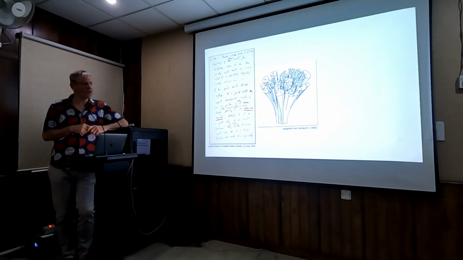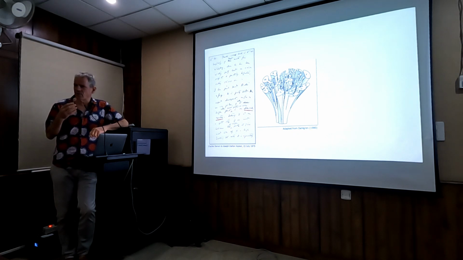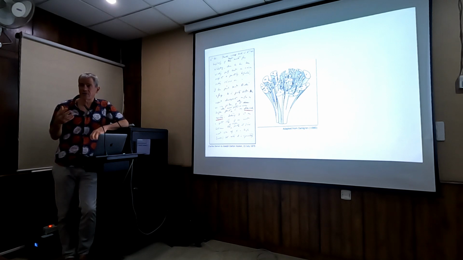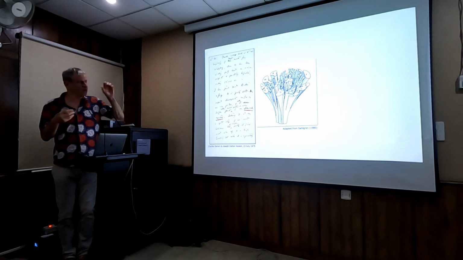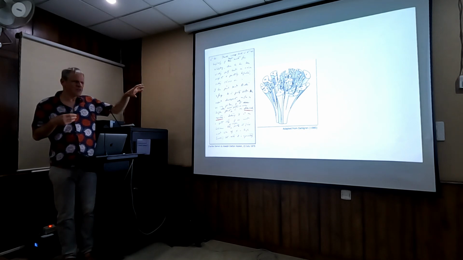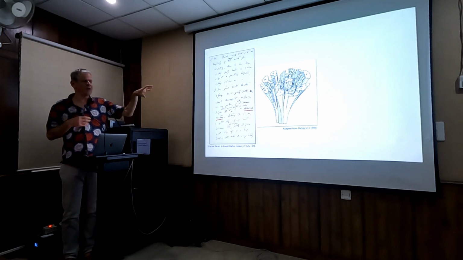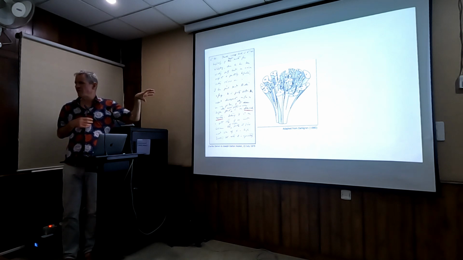Of course he was an eminent botanist, so he had studied all sorts of plants and saw similarities and dissimilarities in morphological characters. He used his knowledge of those to come up with this picture. But still, you could say this is a rather intuitive phylogeny.